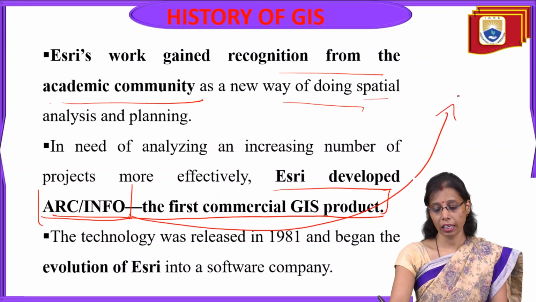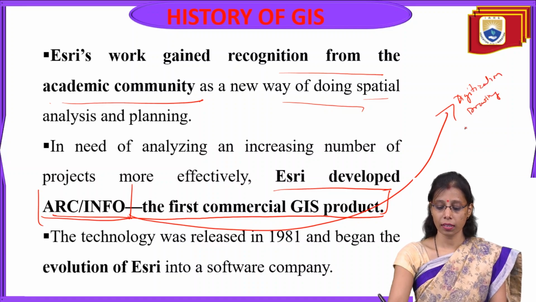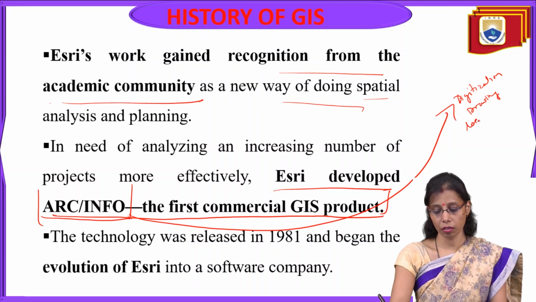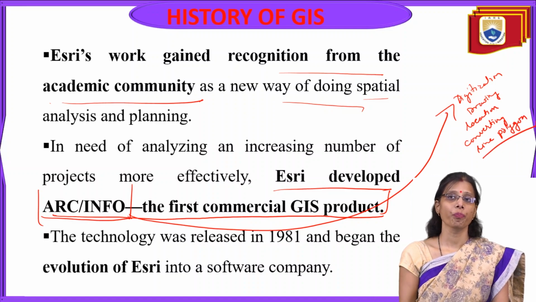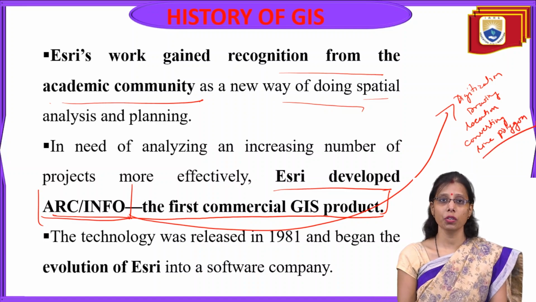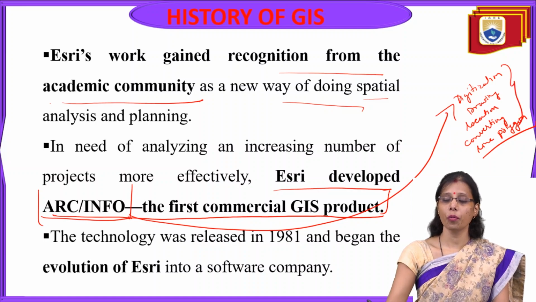It had the capability of digitization, making drawings, assigning locations, and converting line to polygon. The software was developed previously, and commands were given to the software to perform all these operations.